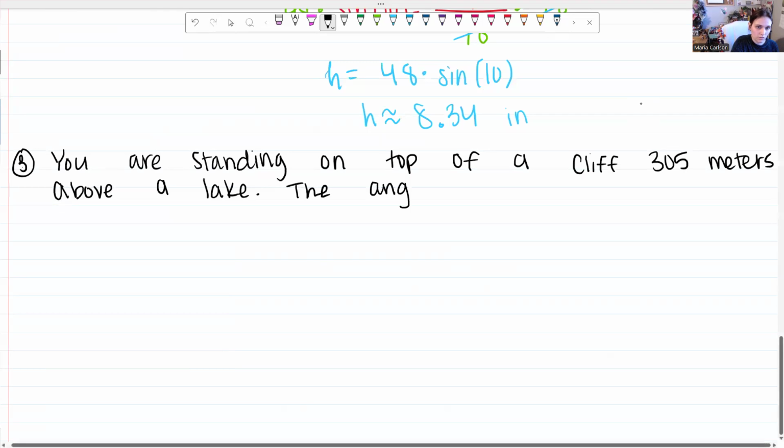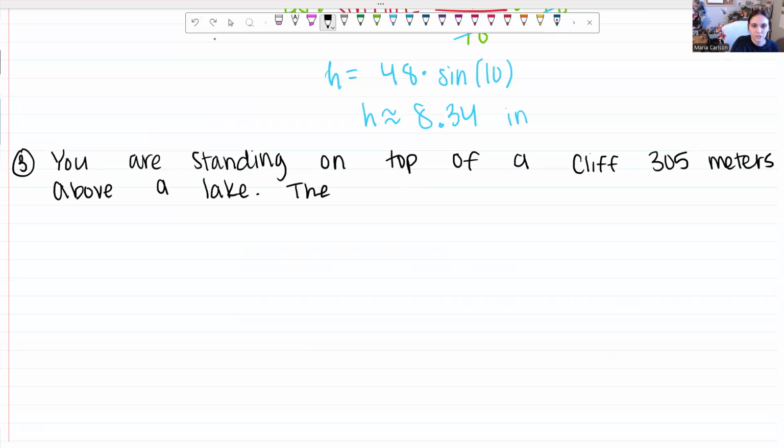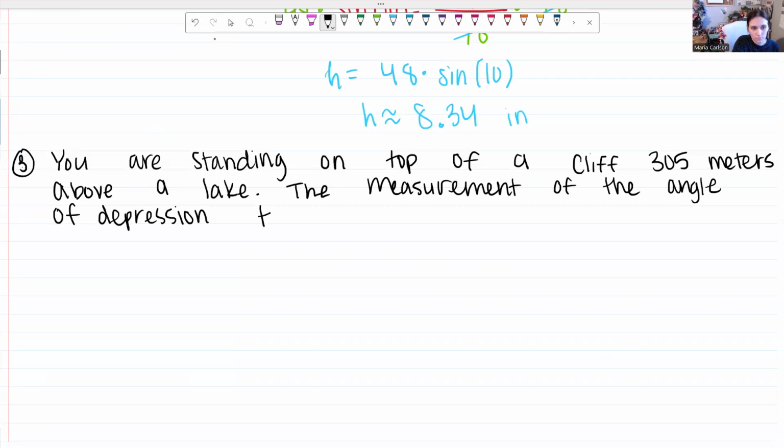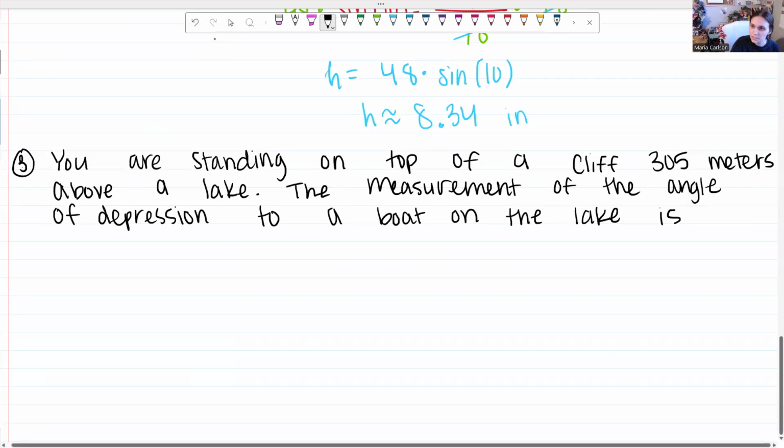The measurement of the angle of depression to a boat on the lake is 42 degrees.